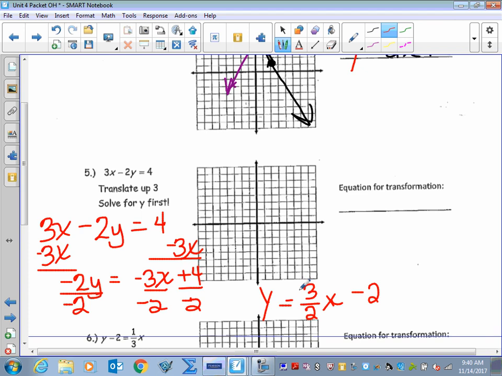All right, so you should have y equals 3/2 x minus 2.